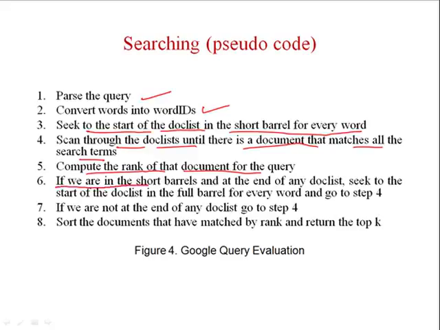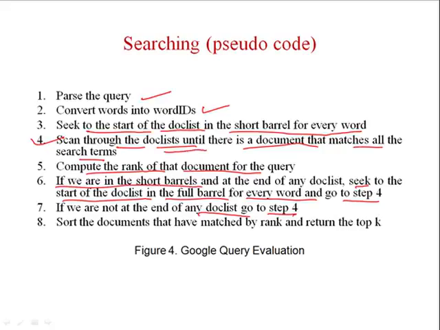If we are in the short barrels and at the end of any doc list, seek to the start of the doc list in the full barrel for every word, and then go back to the start of the scanning, step 4. If we are not at the end of any doc list, then go to step 4.